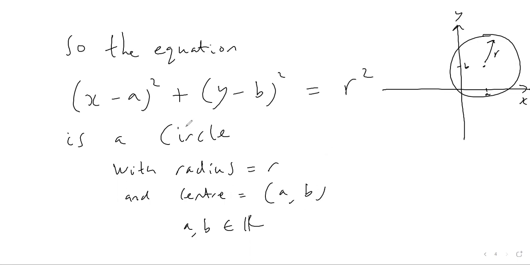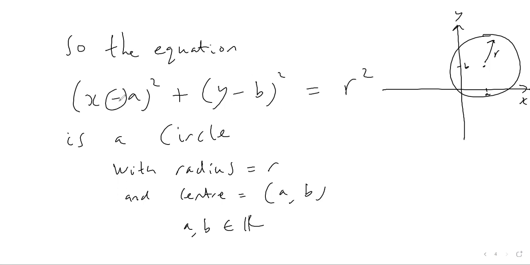Again, it's kind of like those graph transformations. It's kind of the opposite of what you think. An x minus a shift is a translation to the right by a units, and a y minus b shift is a translation upwards by b units. If it was a positive sign instead, in each place, it'd be the other way around.